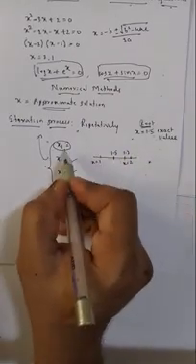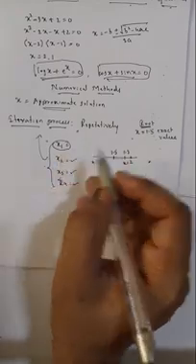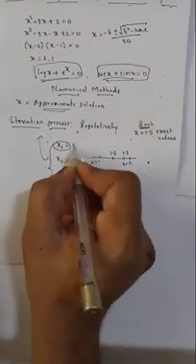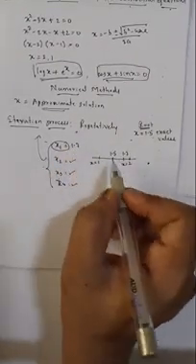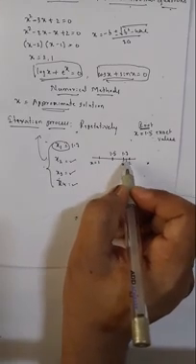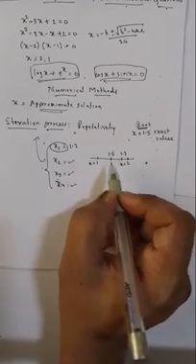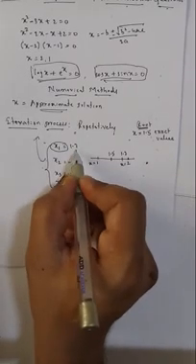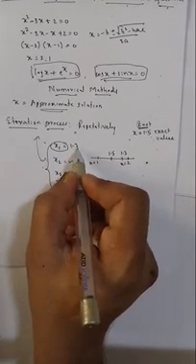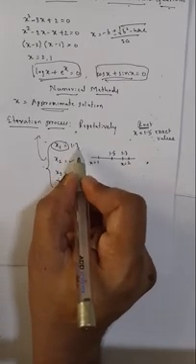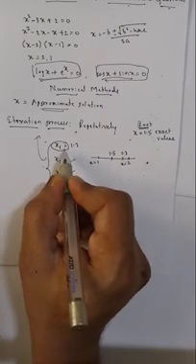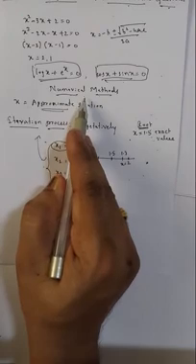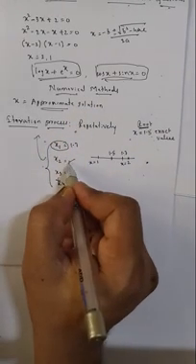I applied the numerical method once, we get x1 equal to 1.7. This 1.7 is the root which is near the exact value.